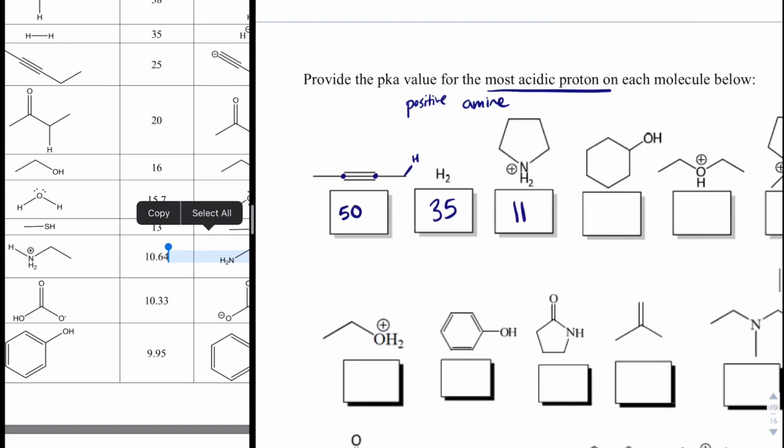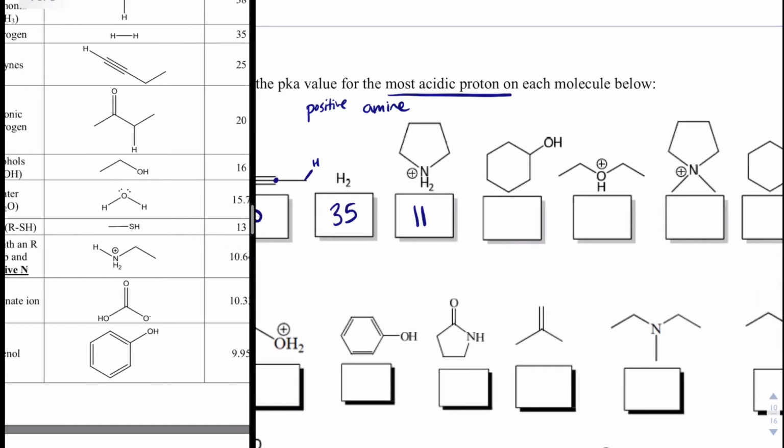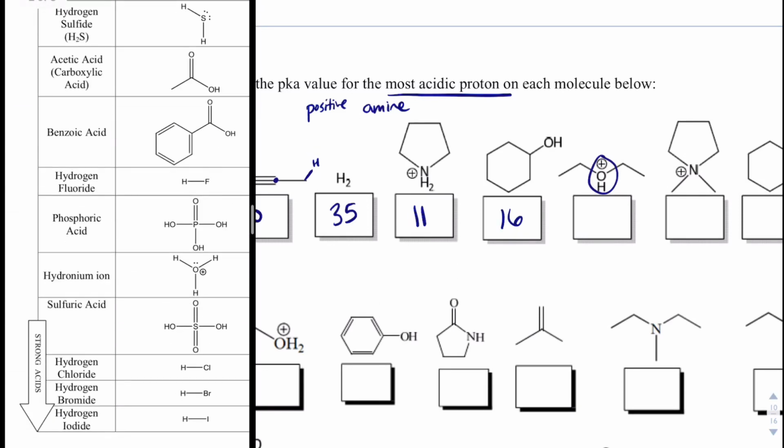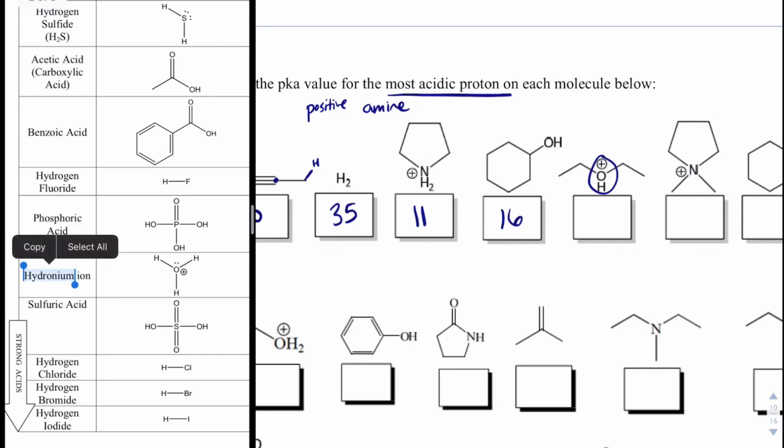Here we have an alcohol group. Alcohol groups, I just will know that as 16. Oops, and I put that in the wrong spot. Sorry about that. Here I have an alcohol group, but it has a positive charge, and so we're going to think about hydronium ions for that. That would be -2.